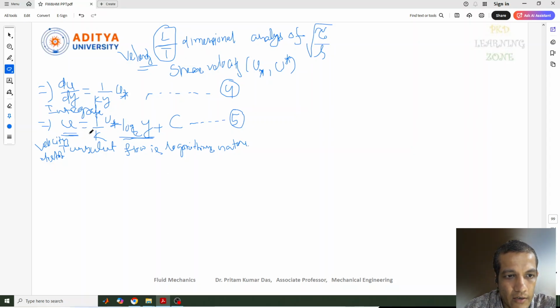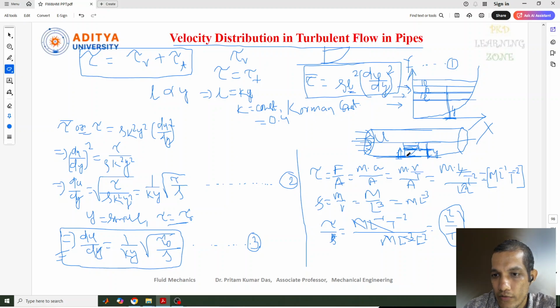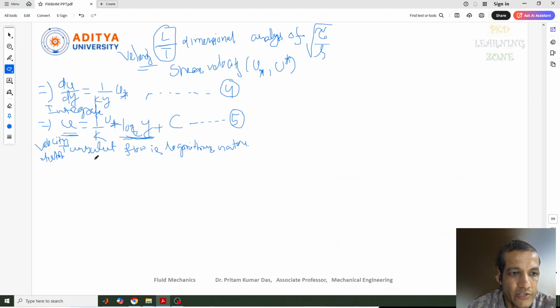You can see here, u is directly proportional to the logarithm of y. So the velocity distribution, why I am talking about it, is because we are getting this velocity distribution here, and that is nothing but the u. The same thing I am writing here: the velocity distribution in the turbulent flow is logarithmic in nature.